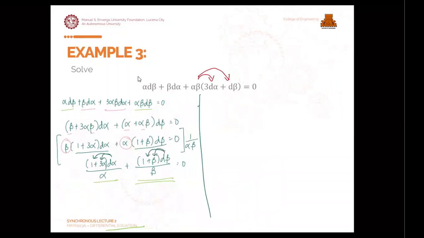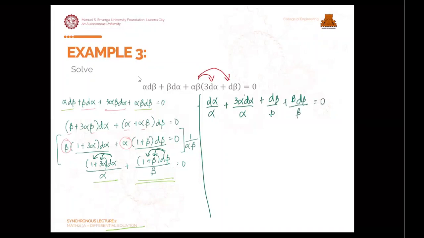So, yung first term natin will be d alpha over alpha plus 3 alpha d alpha over alpha plus d beta over beta plus beta d beta over beta is equals to 0.